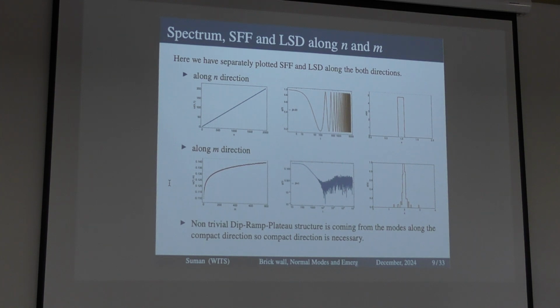You will get a term which will look like e to the i omega t and e to the minus i omega t. Near the brick wall, there will be something that goes like e to the i omega r star. One is ingoing, another is outgoing. The ratio of those two will have a pole in the omega plane, and that is the position of the quasi-normal mode.